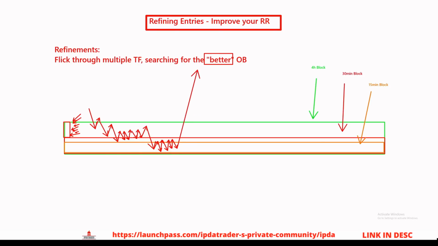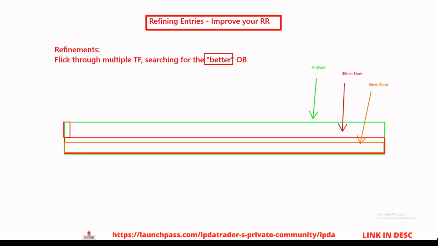But we're just focusing on refinements, and therefore this is why I'm only drawing this POI example. There's no need to draw an entire market because we're focusing on refinement. The ideas should be very straightforward at this point, right?